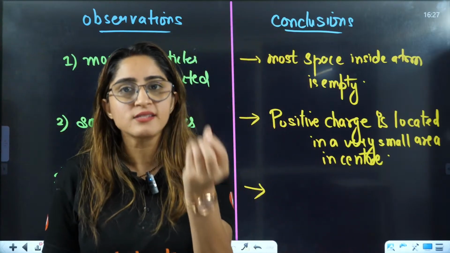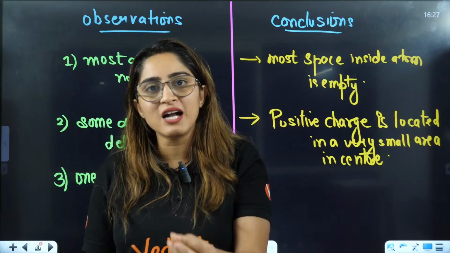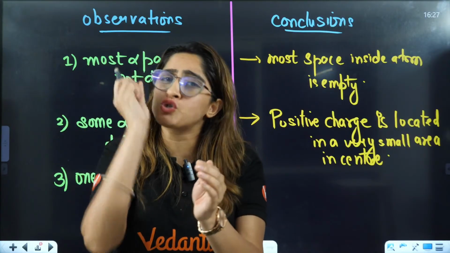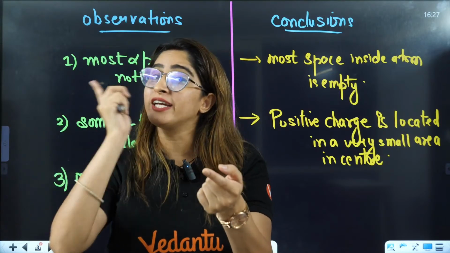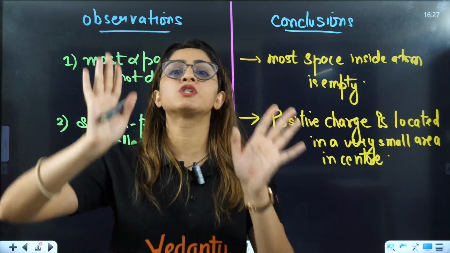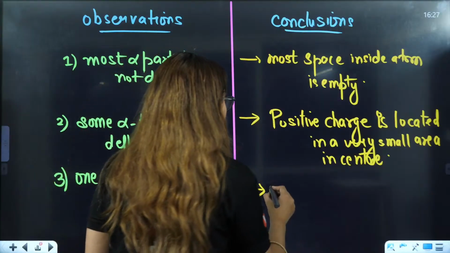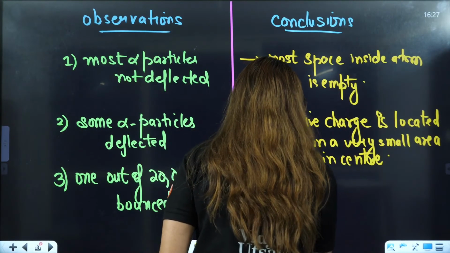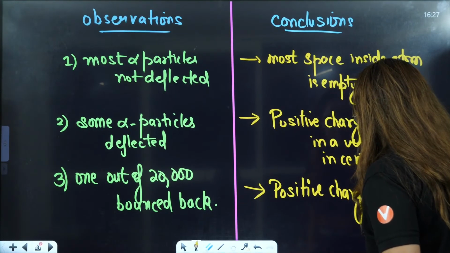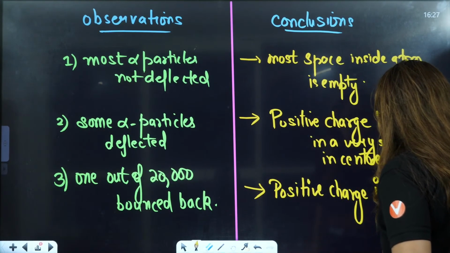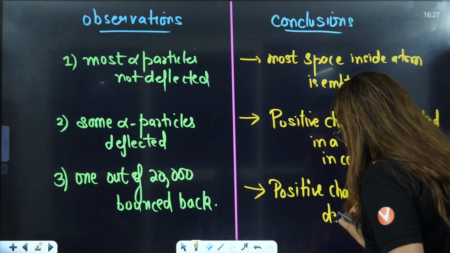That means this small positive charge is in a small space, but it is so dense that if any alpha particle strikes, it will not only deflect, it will bounce back. So the positive charge is very dense, right?